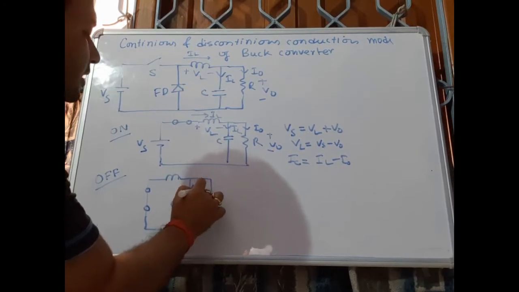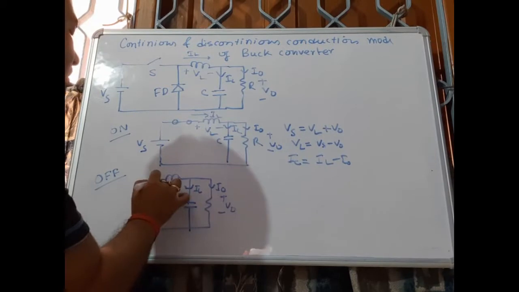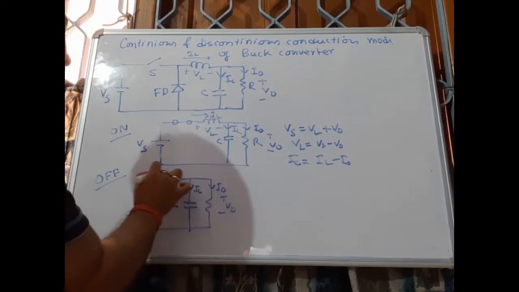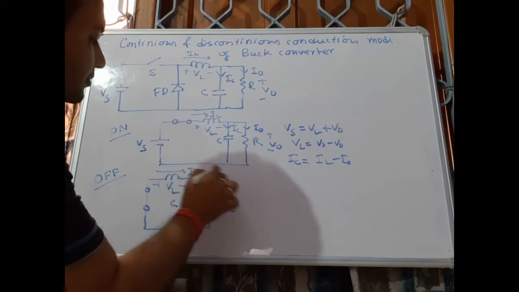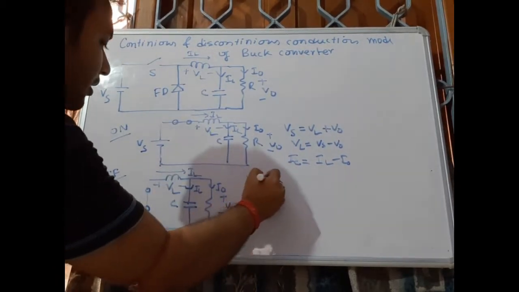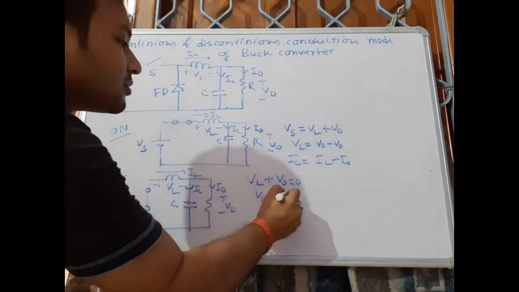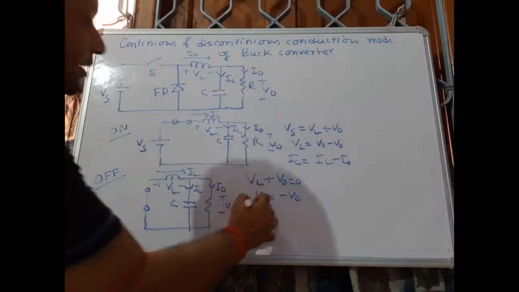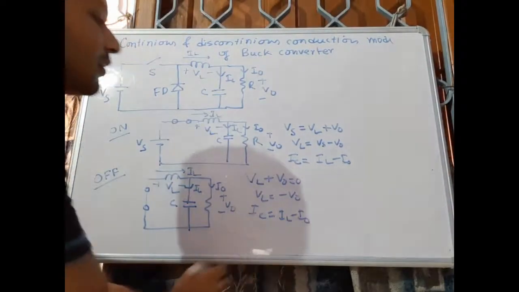It is IC, this is I naught, this is V naught, this is VL, and this is the IL. Okay, now VL plus V naught equals 0, so VL equals minus V naught, and here also IC equals IL minus I naught.